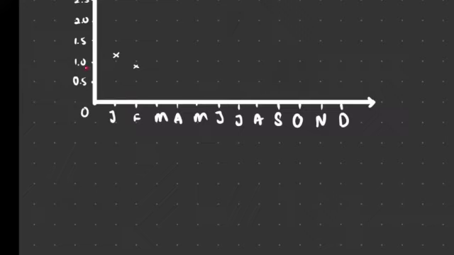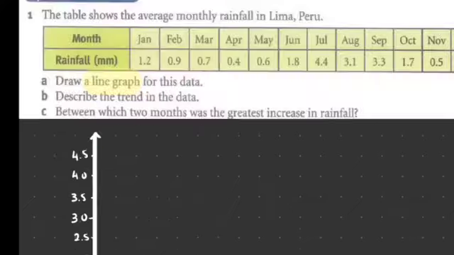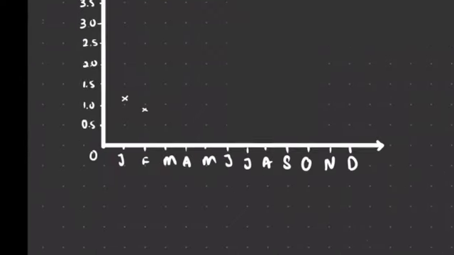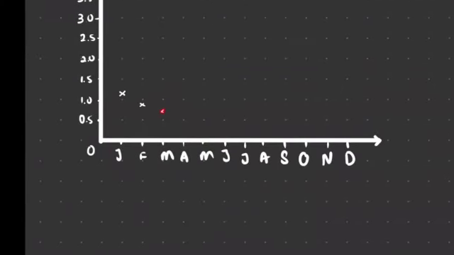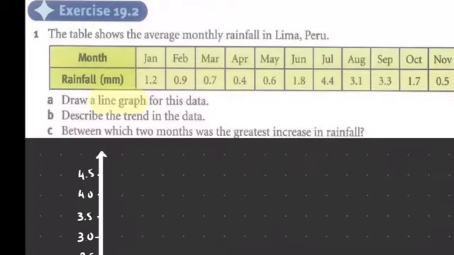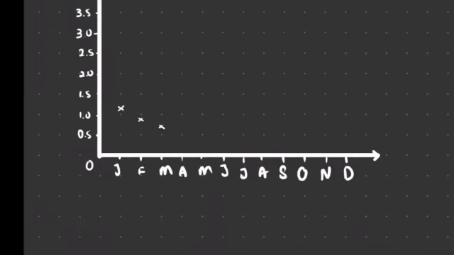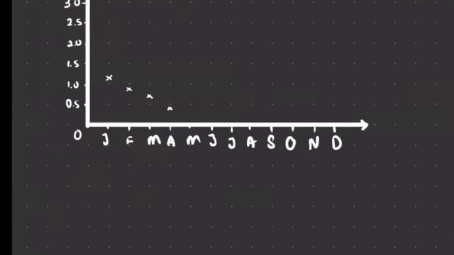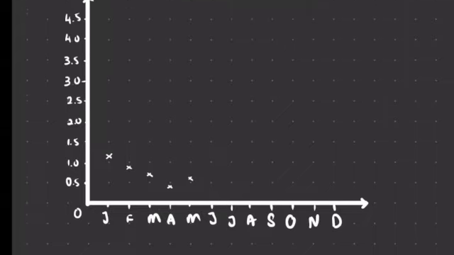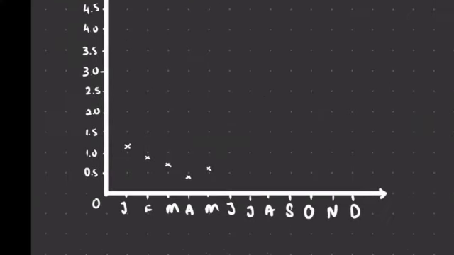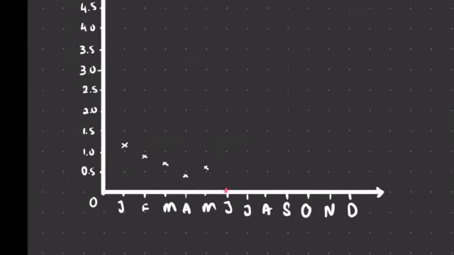It's just an intersection between this and this right here. Then March is 0.7, so it's slightly lower, about here. April 0.4 should be less than this. May 0.6 should be here. June 1.8 should be right here.